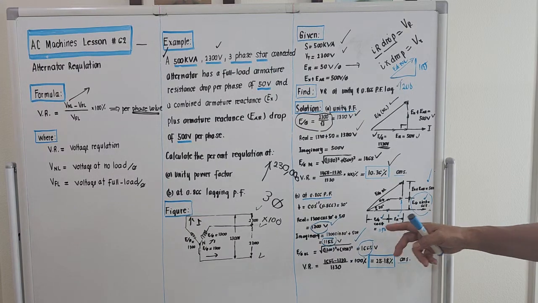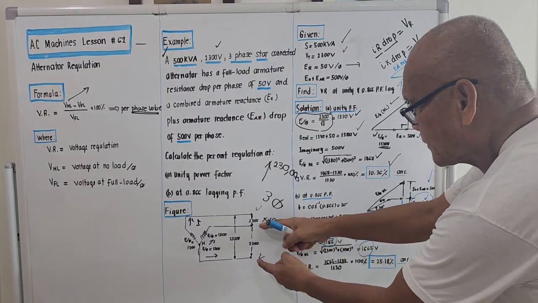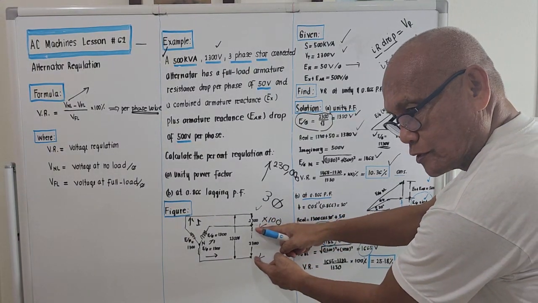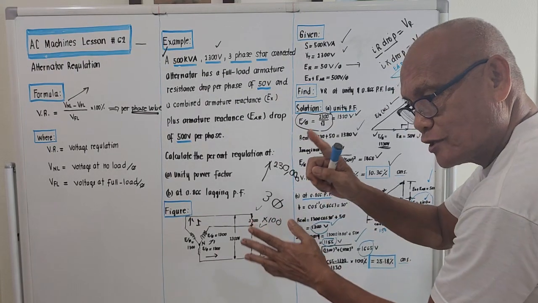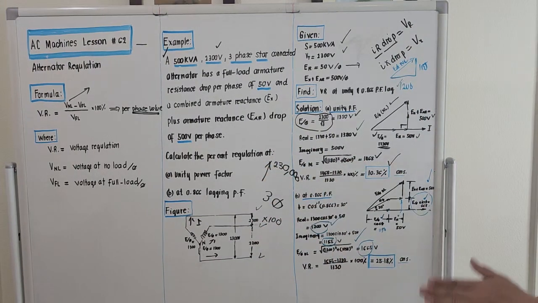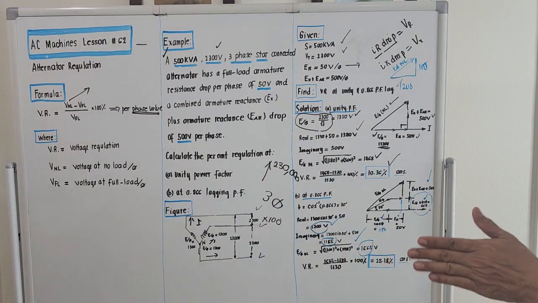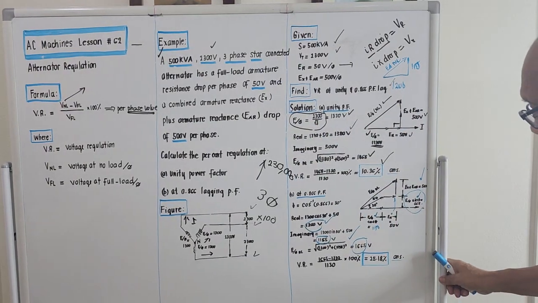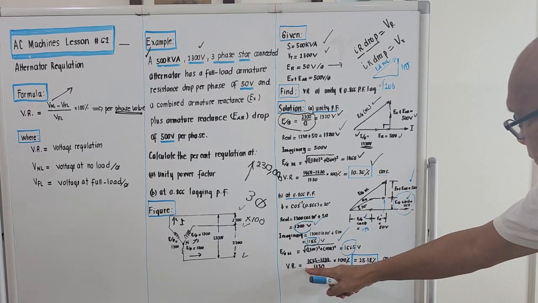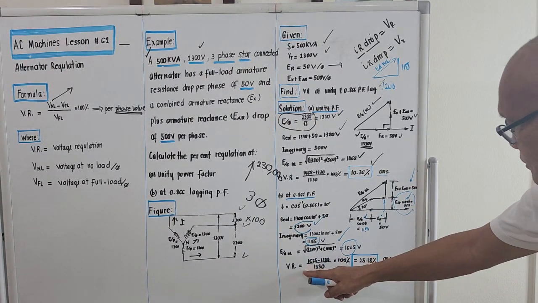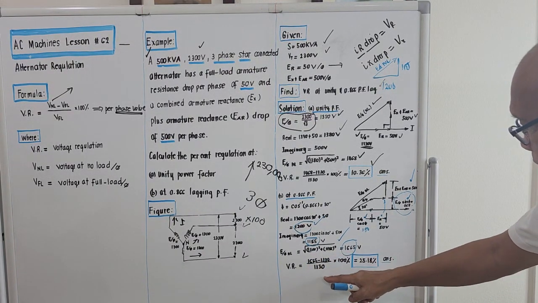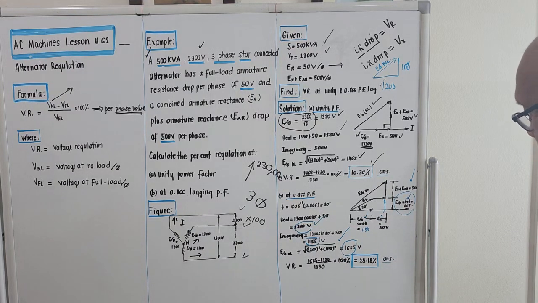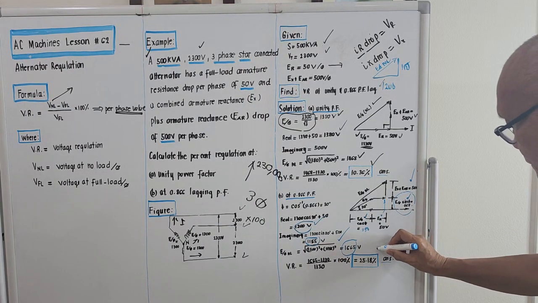Okay, so that if we try to get our voltmeter and measure the terminal voltage, it should come out as 2300. It should generate more if the loads are actually motor loads. So the percent voltage regulation now will be 1665 minus 1330 over 1330 times 100%. And the voltage regulation is 25.8%.